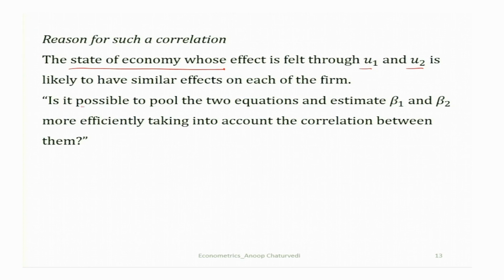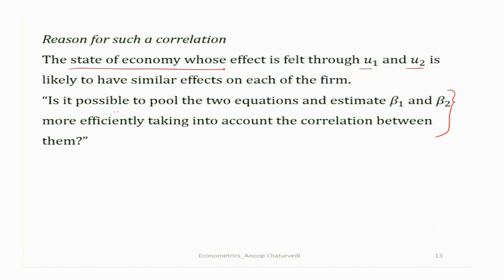Now, the question is: is it possible to pool the two equations and estimate beta 1 and beta 2 more efficiently, taking into account the correlation between them? So, instead of estimating the two equations separately, is it worthwhile, or is it possible, to pool the two equations?